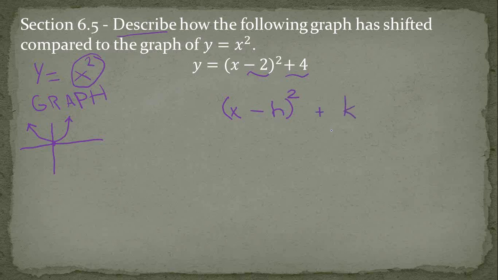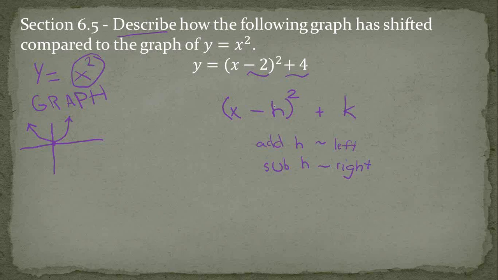And the pattern we notice in this section is that if you add an h value, if you add inside parentheses, that moves the graph to the left. If you have a subtraction and then some number here, so these are things that affect the x, and the x-axis goes left to right. This is how you move graphs left or right.